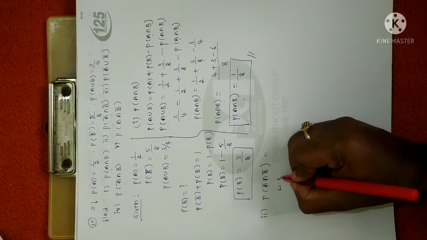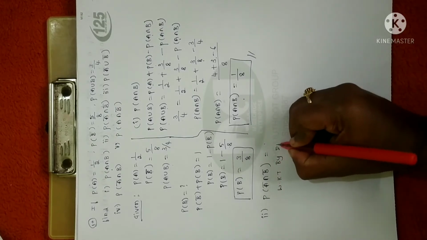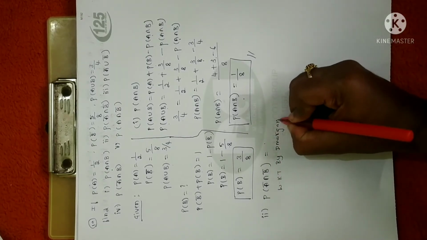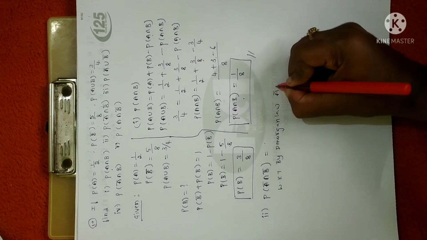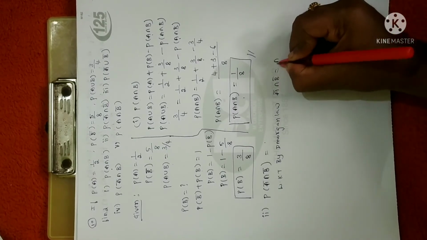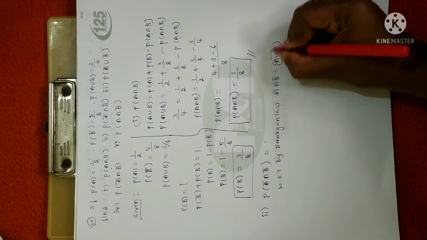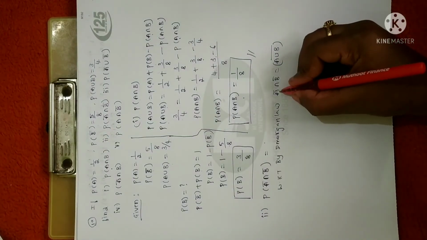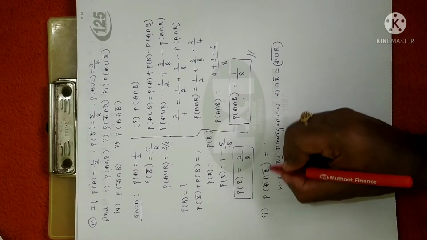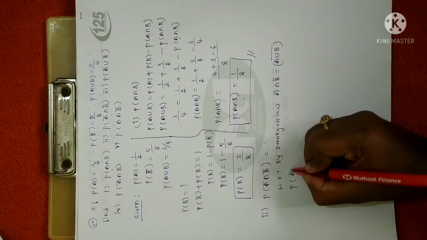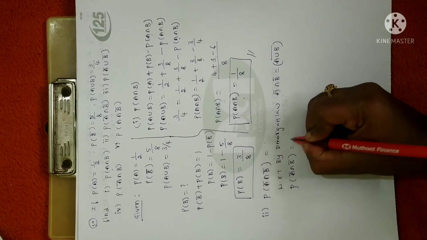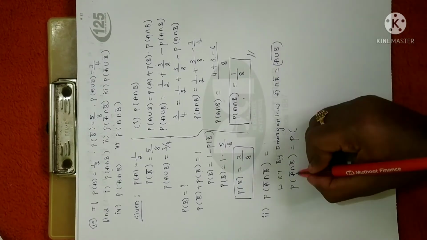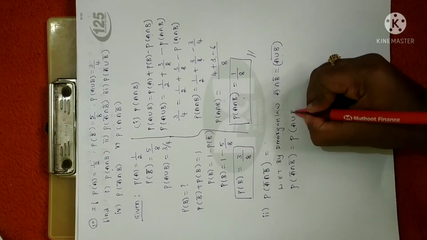By De Morgan's law, we can write A bar intersection B bar as A union B whole bar. So this is the De Morgan's law we have, right? Now I can replace here, so let me write A bar intersection B bar is equal to probability of A union B whole bar.